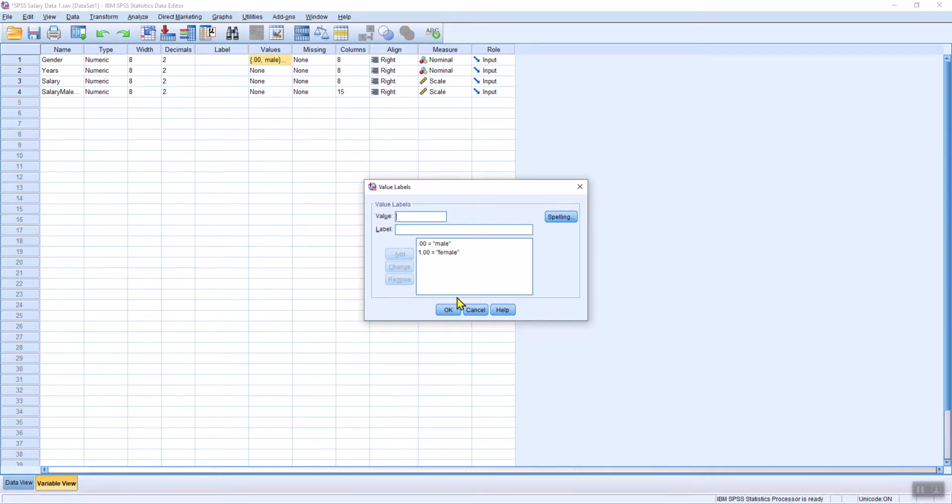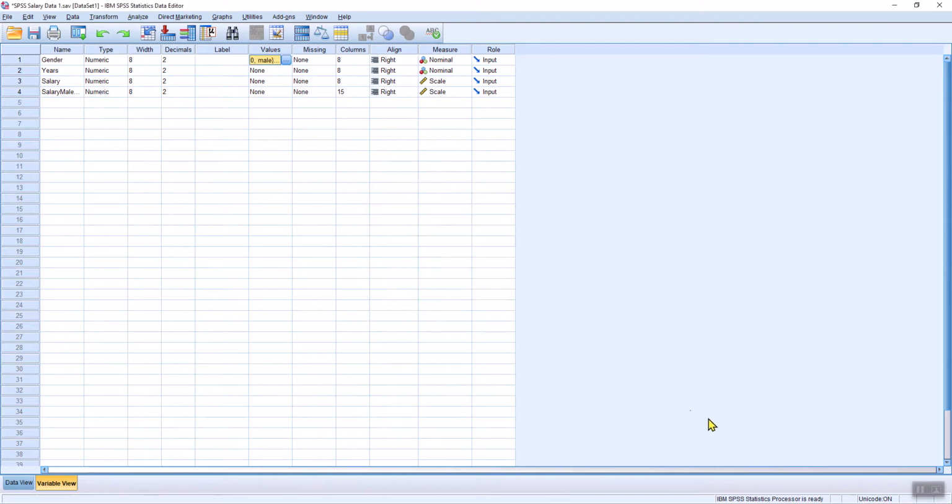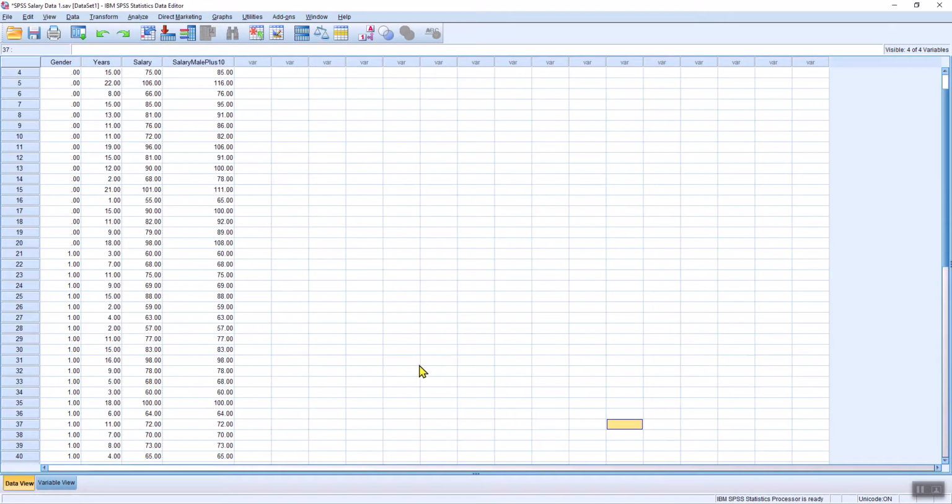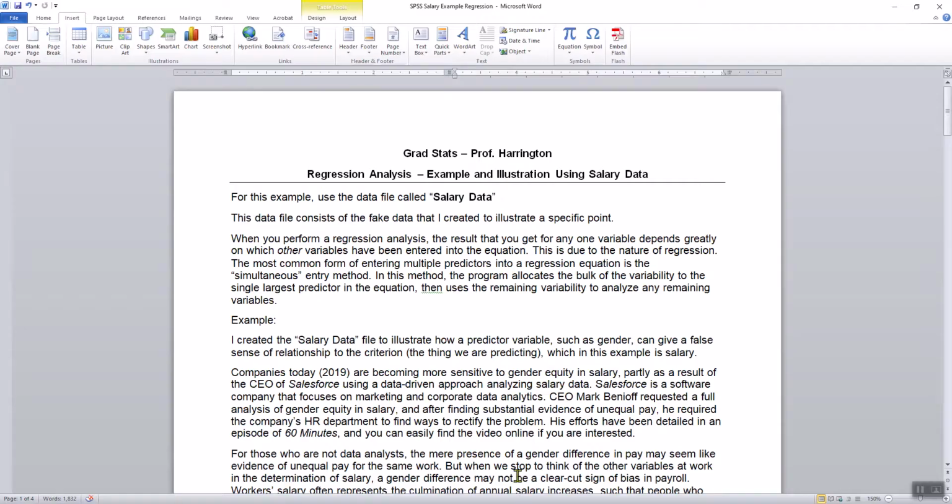When you have access to a data set, it's always a good idea to take a look under the hood at the coding of the data and see what sort of information you have there. And in this case, we don't really have much information in the variable view. So let's go back to the text of the example.